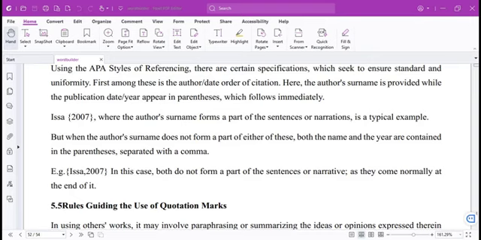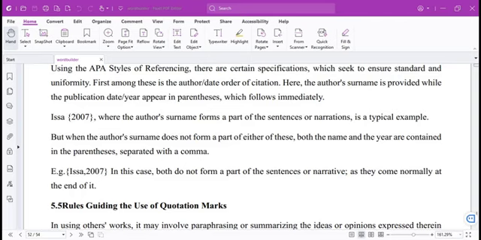Where the author's surname forms a part of the sentence or narration is a typical example. This is where the author's surname forms a part of the sentence. You write out the author's surname and then you put the year in parentheses. But when the author's surname does not form a part of either of these, both the name and the year are contained in the parentheses, separated by a comma. So you see the difference. When the surname forms a part of the sentence, you put the surname out, only the year will be in parentheses.